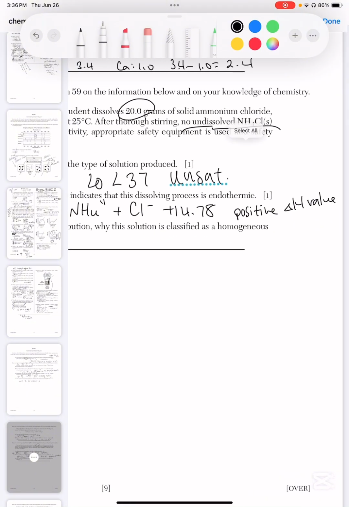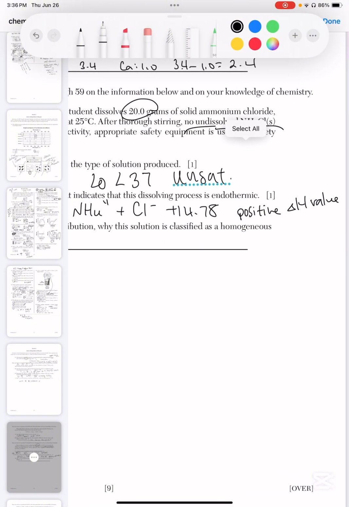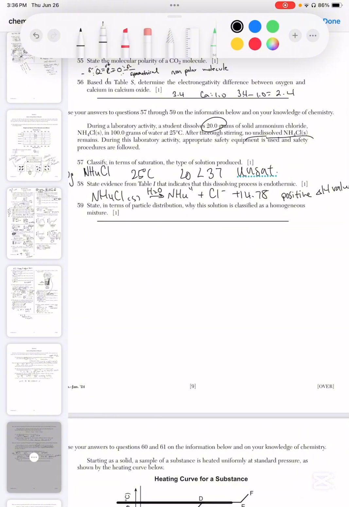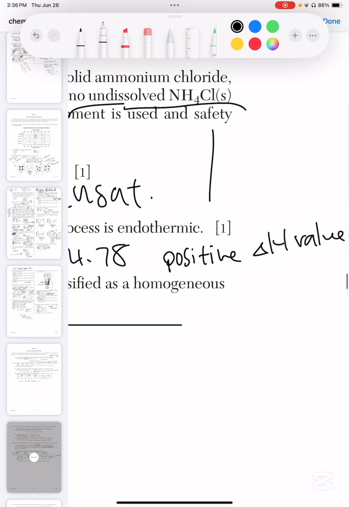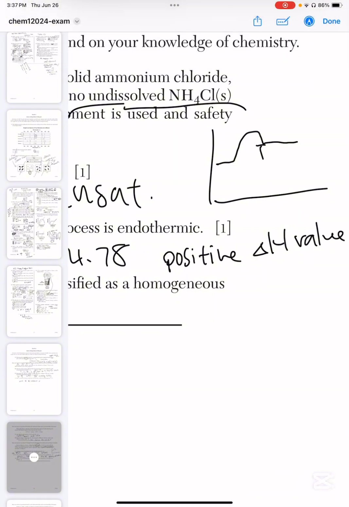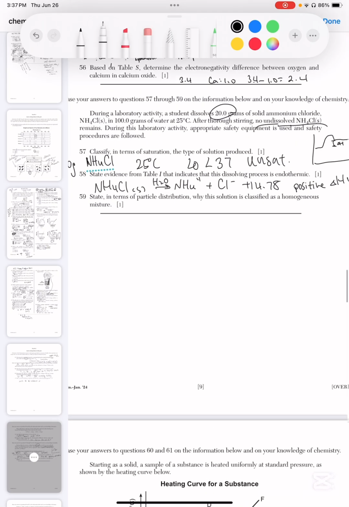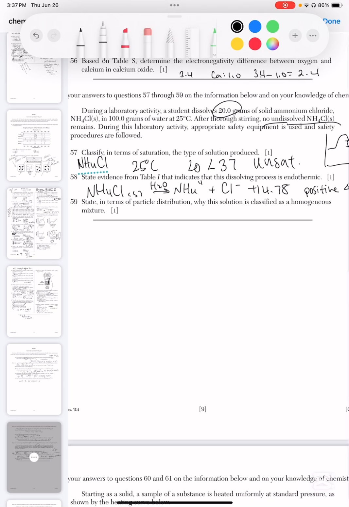And yeah, I think this is all you need, a positive delta H value of 14.78 kilojoules per mole. That's all the evidence you need to justify that. Like, if we were to draw a potential energy diagram, this would look something like this. Right, because the delta H here is positive. Products minus reactants is positive. So that's endothermic.